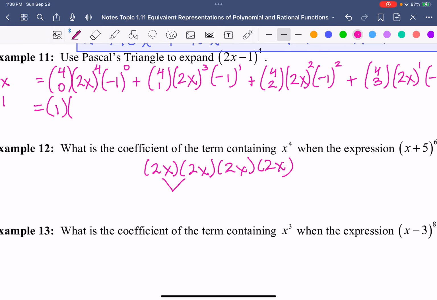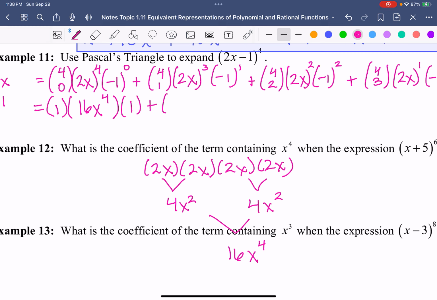So you would have to do 2x times 2x, which is 4x squared, 2x times 2x, which is 4x squared, and if you multiply these, you get 16x to the power of 4, okay? So make sure that you're doing it correctly, and don't forget to take the power of the coefficient as well as the variable, okay? Anything to the power of 0 is 1.